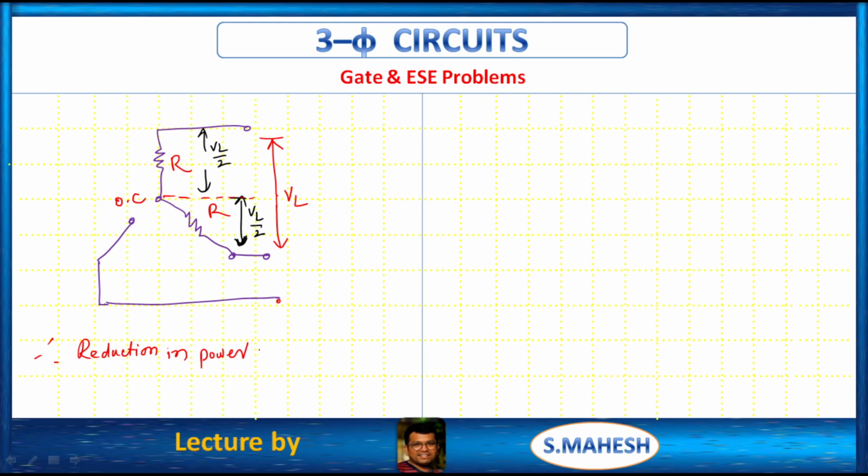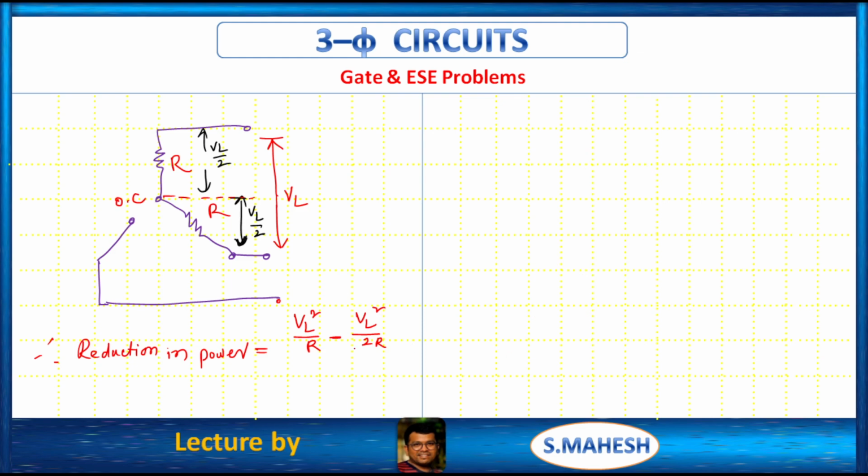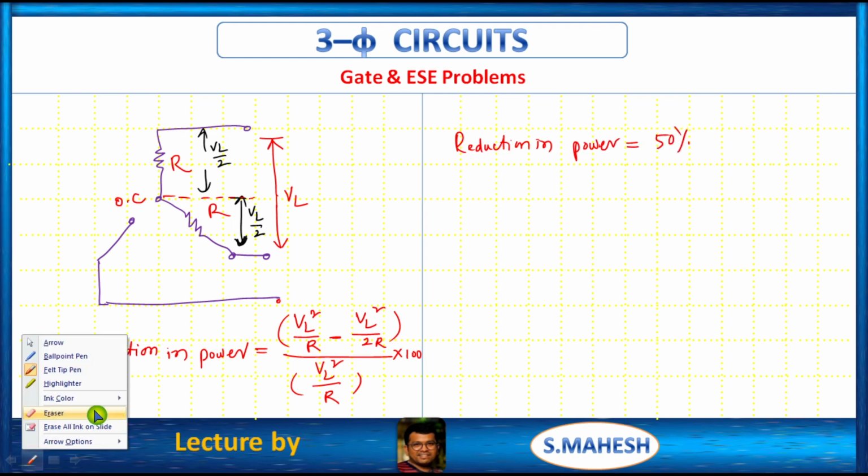Therefore reduction in power is VL square by R minus VL square by 2R. The power is VL square by 2R. So reduction in power divided by total power into 100 is equal to 50%.